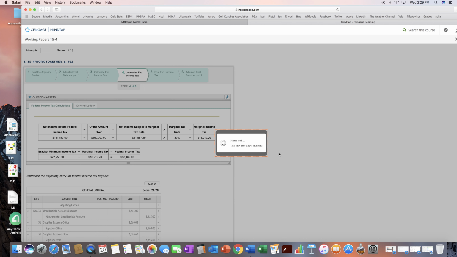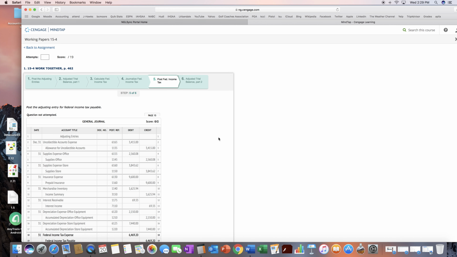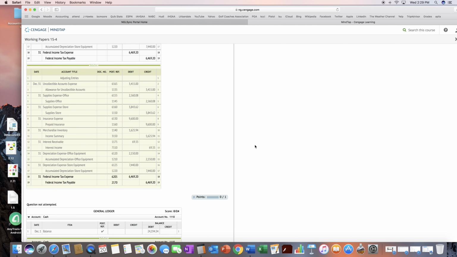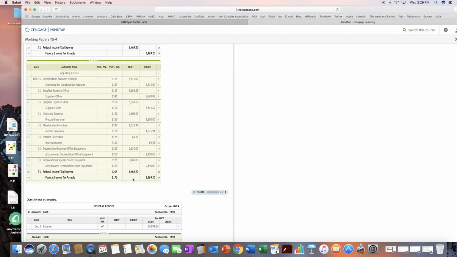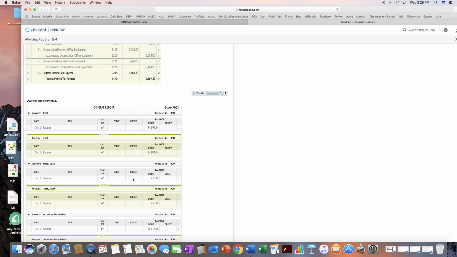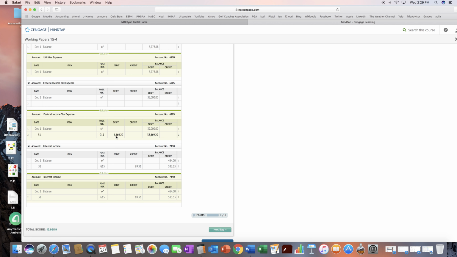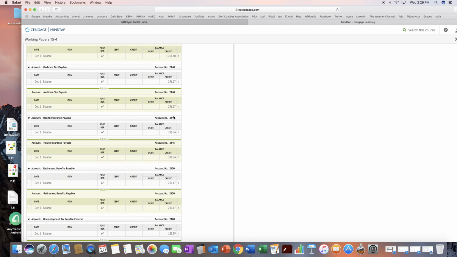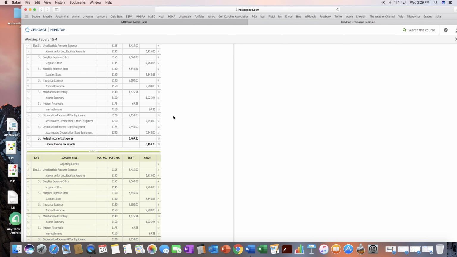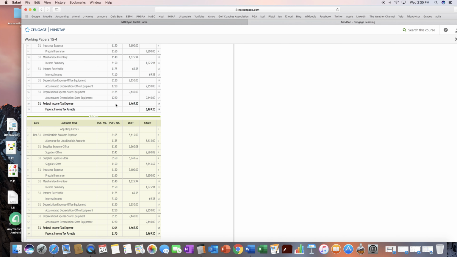So you will post federal income tax, and so you'll go all the way down to the federal income tax expense and post the 6,469 on the 31st of the general journal. Add it to that to get the number. Take 6,205 and put it up here, and you'll have it done.